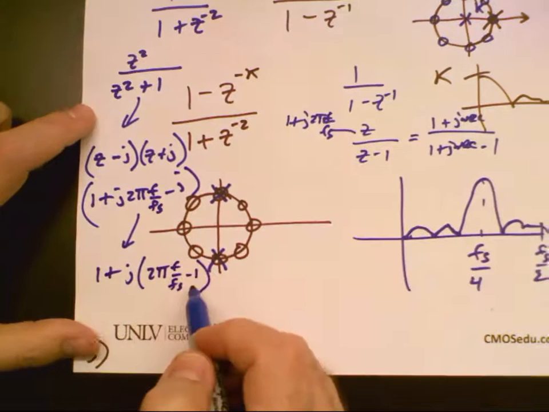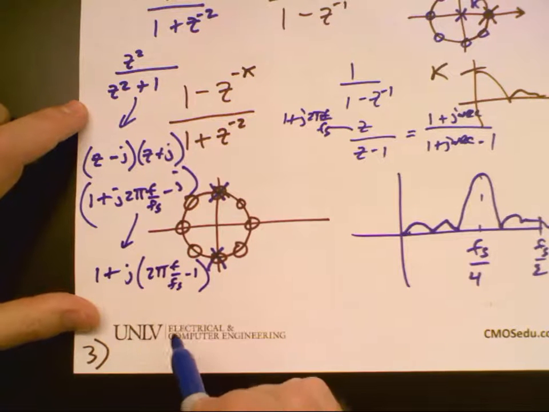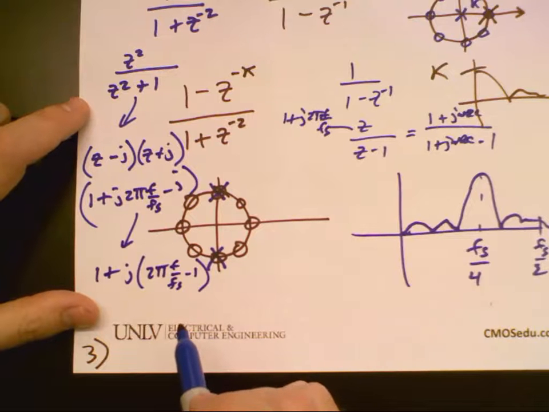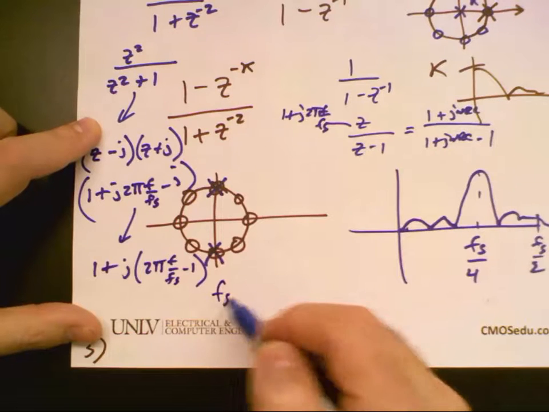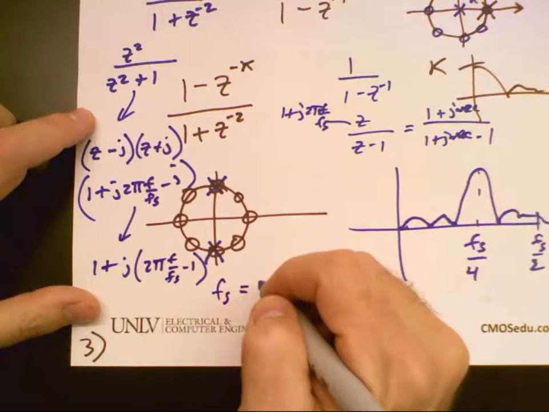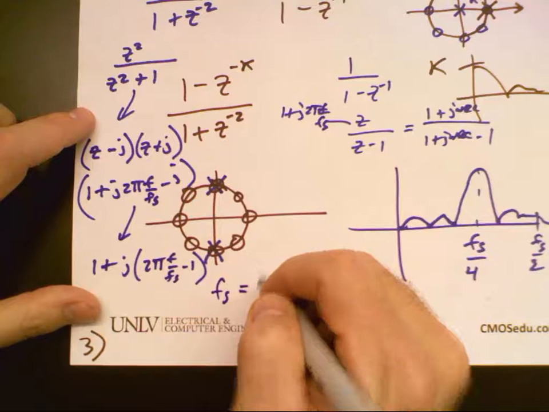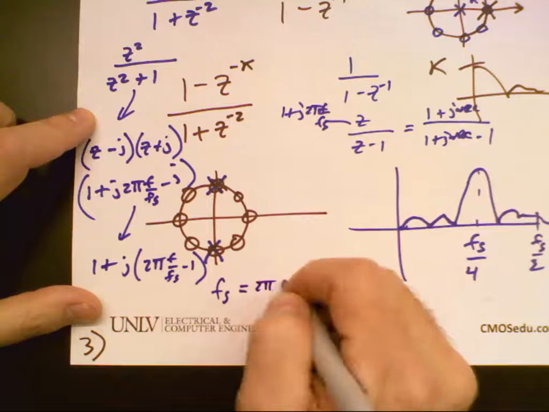Then I ask, where does this go to 0? f equals fs over 2 pi. It goes to 0 when these two are equal.